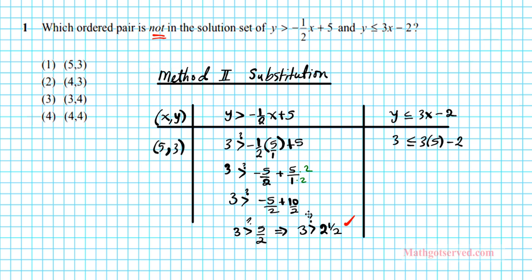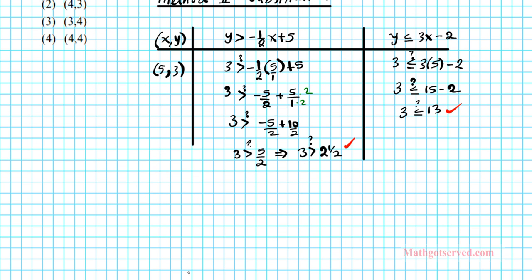So is 3 less than or equal to 15 minus 2? Is 3 less than or equal to 13? The answer is yes, so this checks out. So this is a solution, so it's not what we're looking for because we're looking for something that's not a solution. So let's move on to the next one.